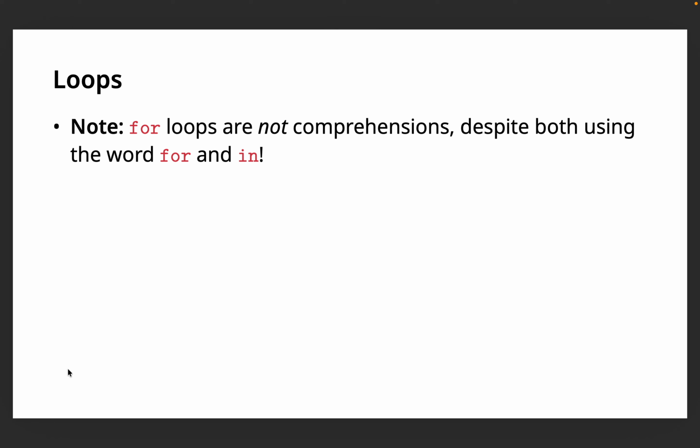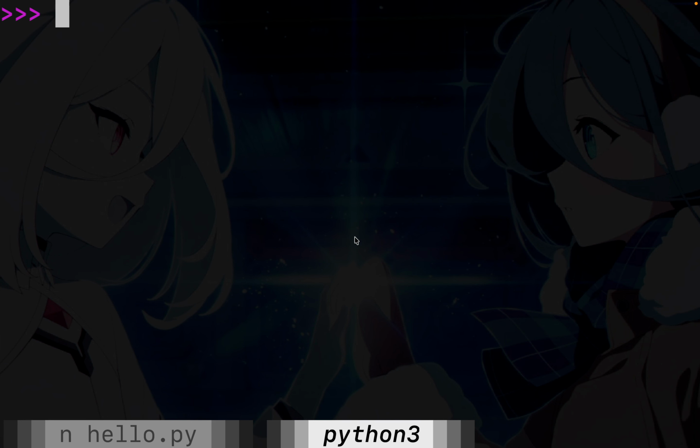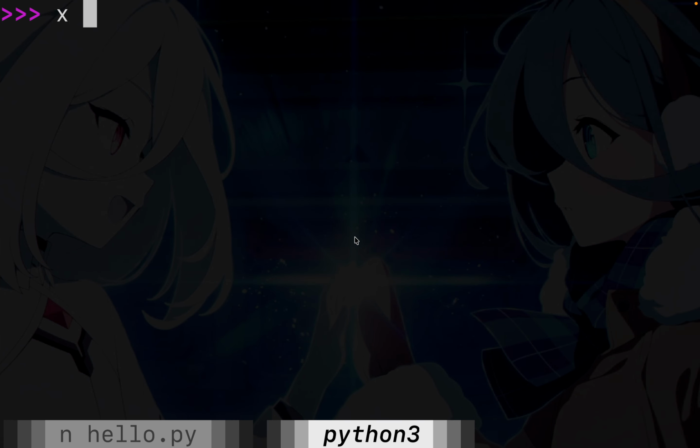Okay, so again, note that these are different from comprehensions, although the syntax is a bit similar. The main difference is comprehensions are expressions. In one of the previous lab lectures, we went over ternary statements.